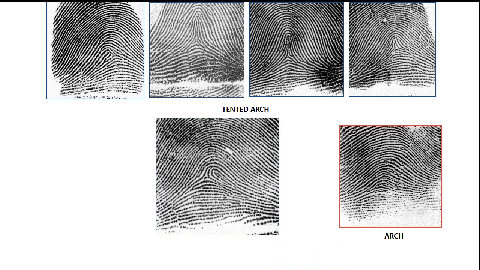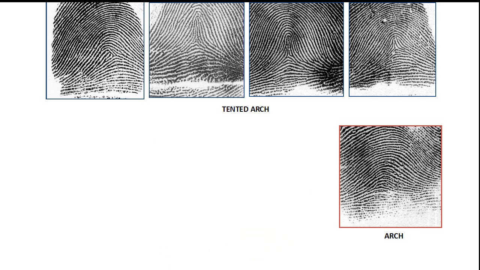What about this one? What you should be doing with your eyes is following them, and especially as they go from left to right or right to left, and seeing what they do. I mentioned something about a loop previously, and maybe you can recognize that. But is this a tented arch? Is it a plain arch, or is it neither?